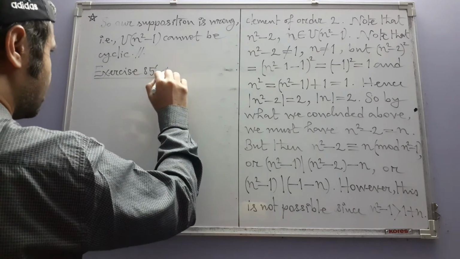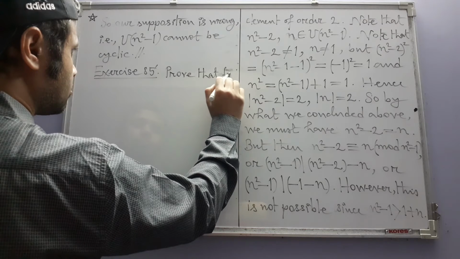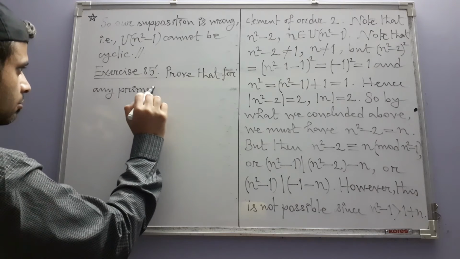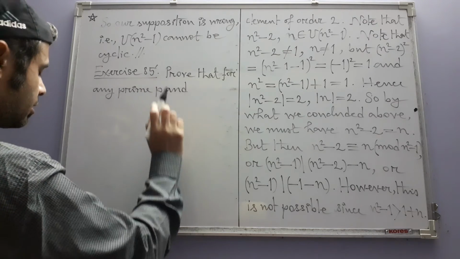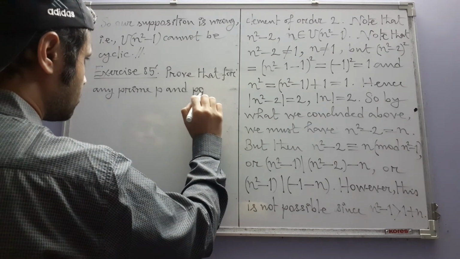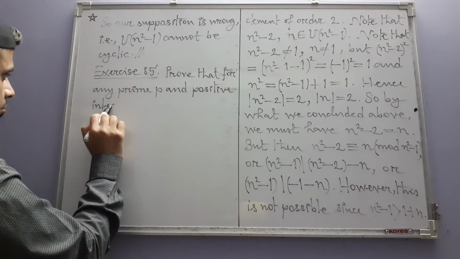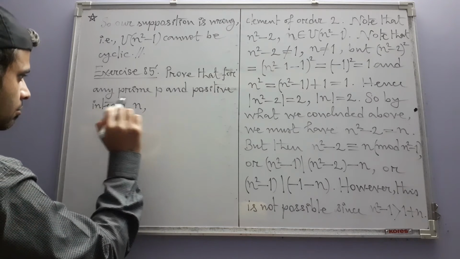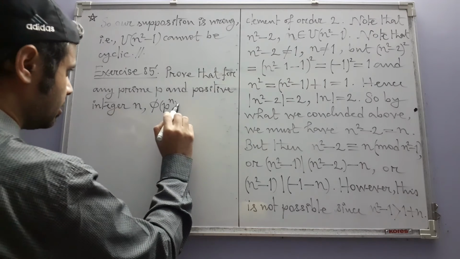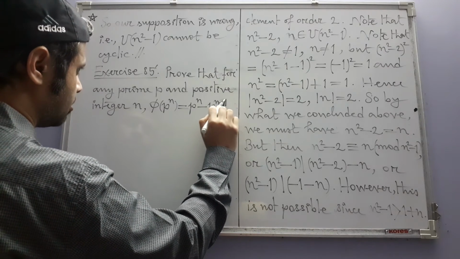Prove that for any prime p and positive integer n, the phi value of the number p to the power n is p to the power n minus p to the power n minus 1.